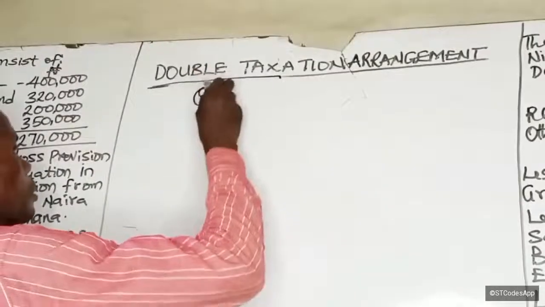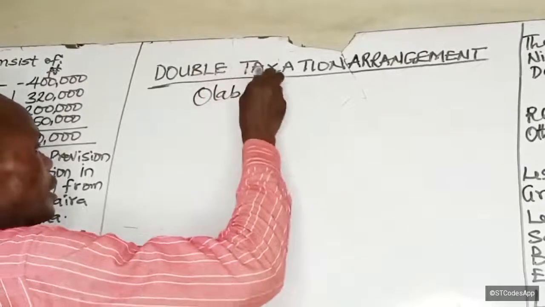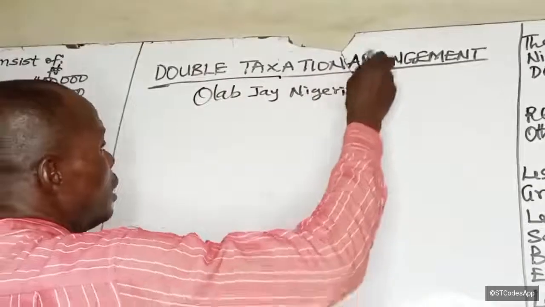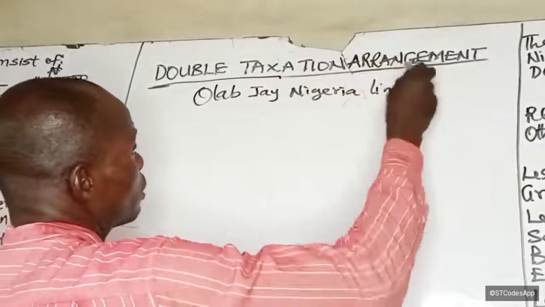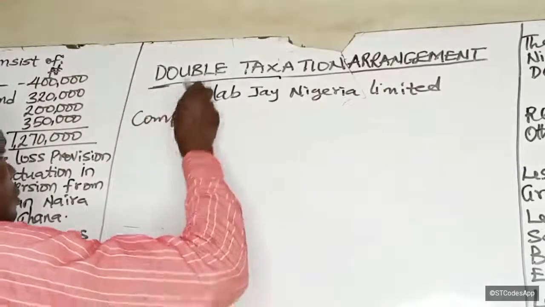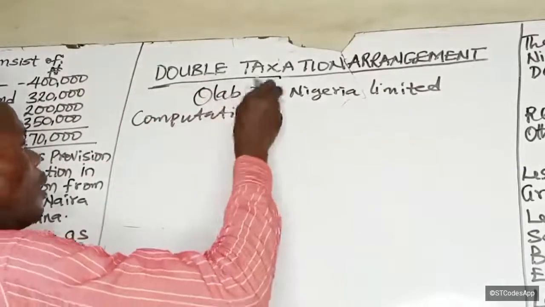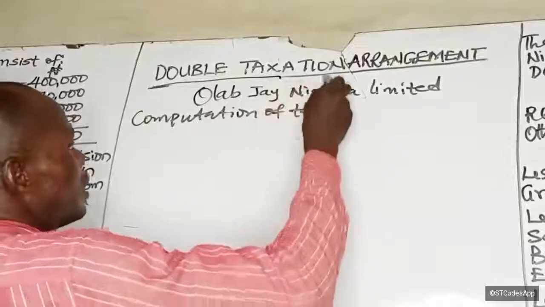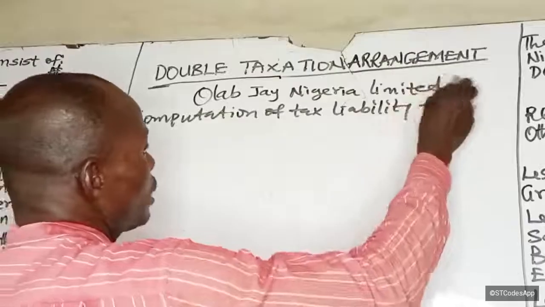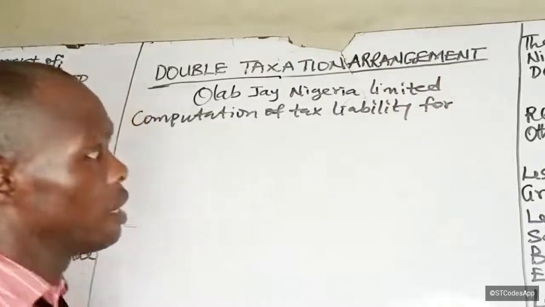Olabje Nigeria Limited. Computation of tax liability. What is the year of assessment?